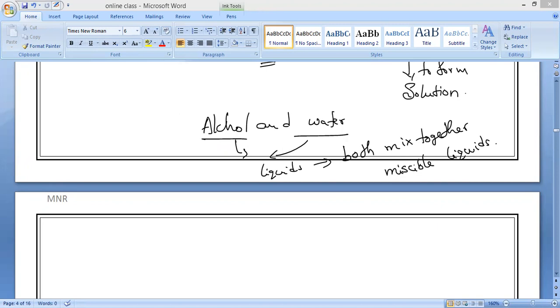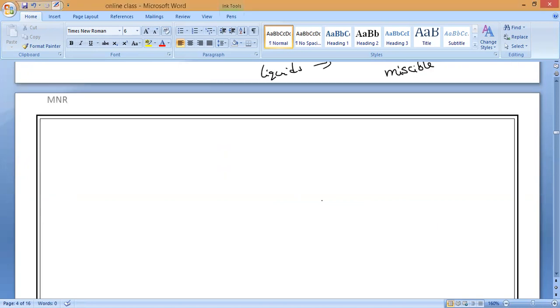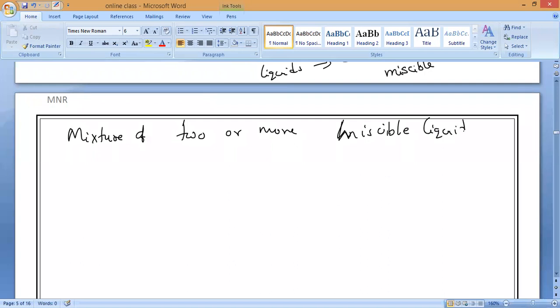A mixture of two or more miscible liquids is also known as homogeneous mixtures. Is it okay, all of you?